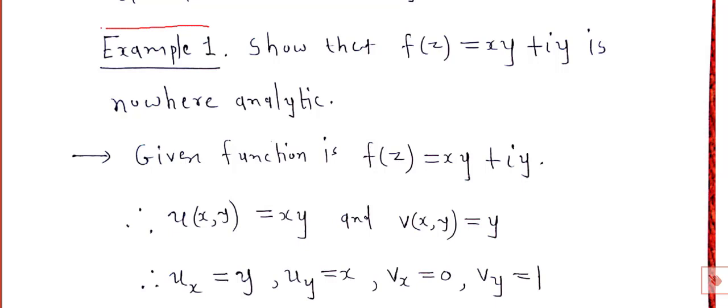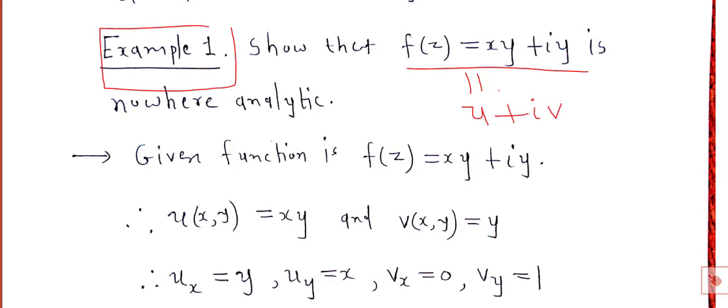So let us take this example number 1. Show that f of z equal to x into y plus i into y is nowhere analytic. To show that a function is nowhere analytic, first we have to determine the points in the complex plane at which the given function is differentiable.